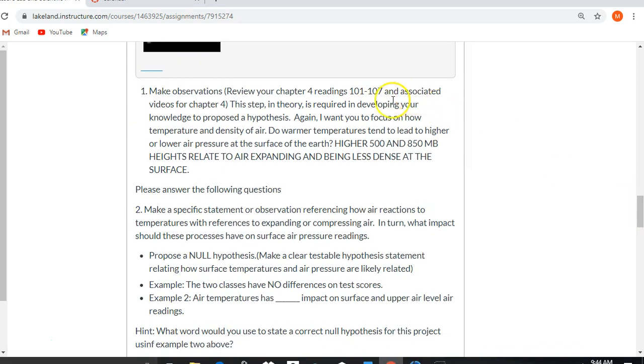After you've done your reading and watched the videos, you're to make an observation. In general, what would you expect to find when you compare 500 millibar and 850 millibar readings, which are air pressure readings above the Earth's surface? Will they be higher or lower in altitude?